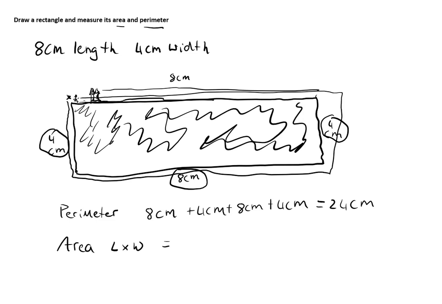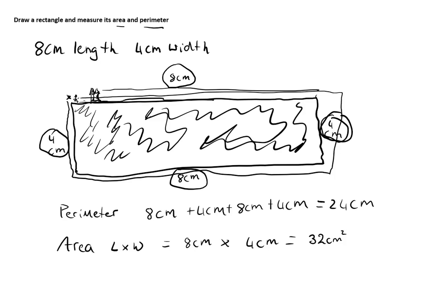So as above, our length, which is always the longest side, is 8 centimeters. We're going to multiply that then by our width, which was 4 centimeters. And 8 times 4 is equal to 32 centimeters squared. And it's important that we record that squared when we're talking about area.